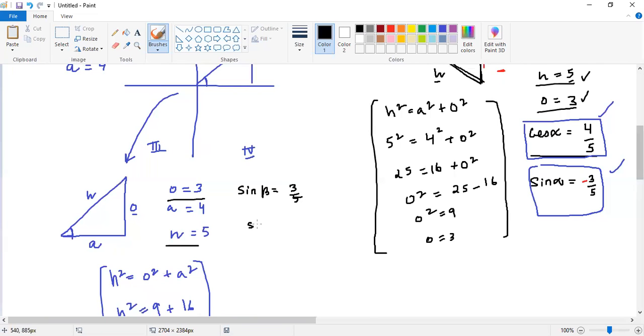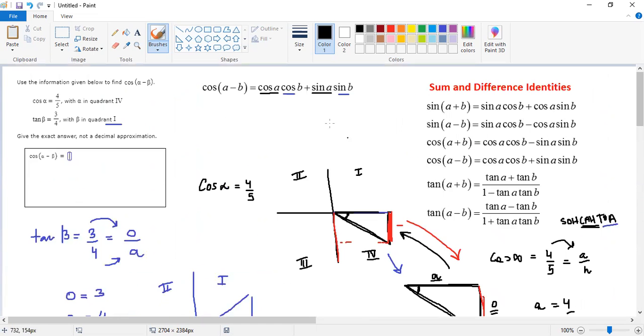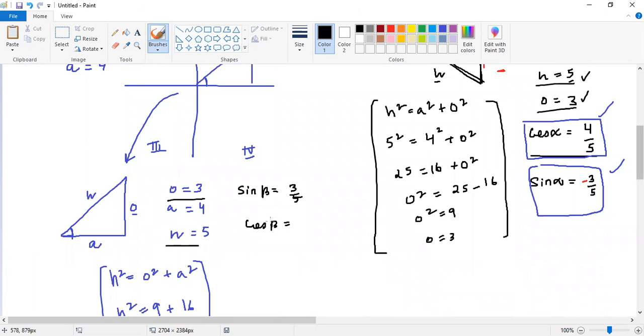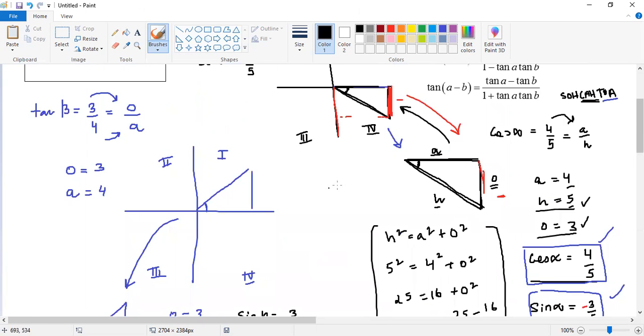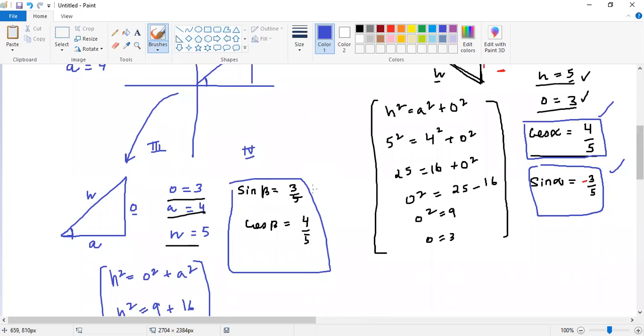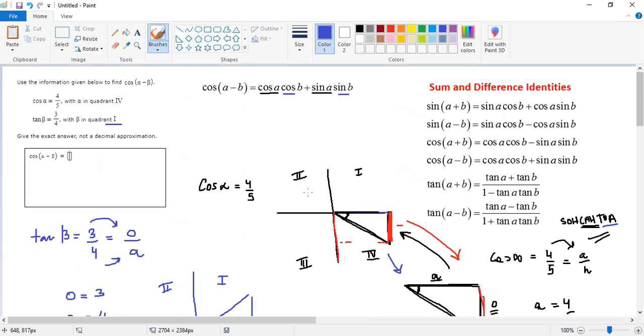And the cosine of beta, which I'm finding because I have to plug it back into the formula, is A over H, going off of the mnemonic here. So A over H would be 4/5. These are our values, and we plug these back into the formula.